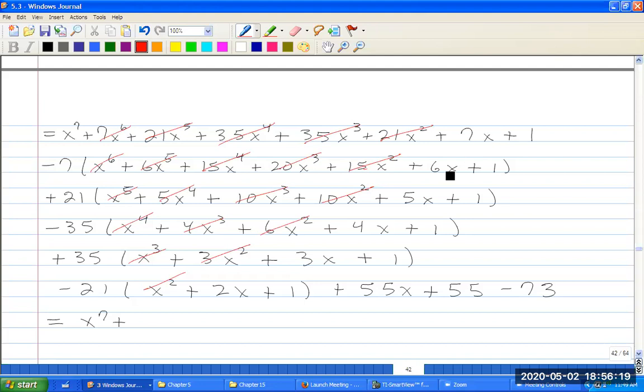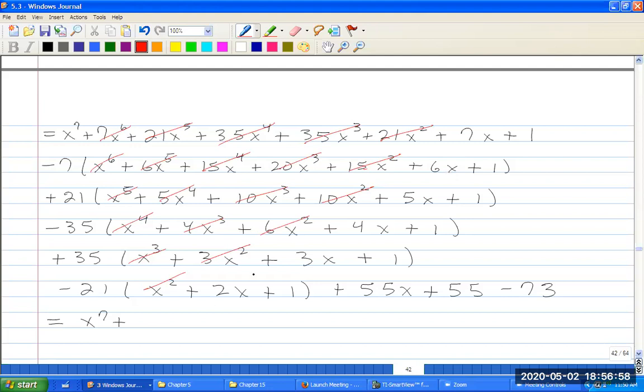So I guess I'll just have to do it out. So 7 minus 42 plus 105 minus 140 plus 105 minus 42 plus 55.